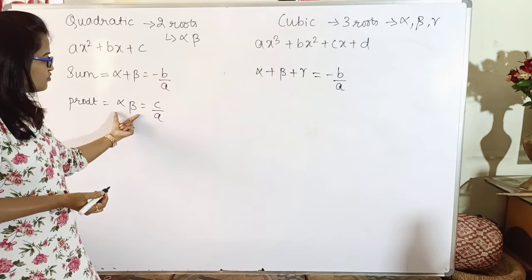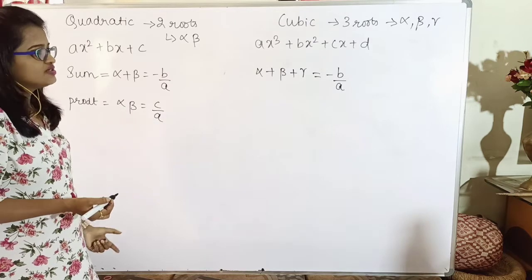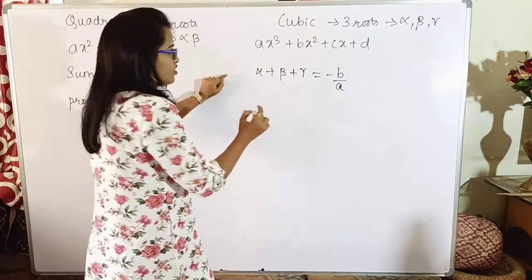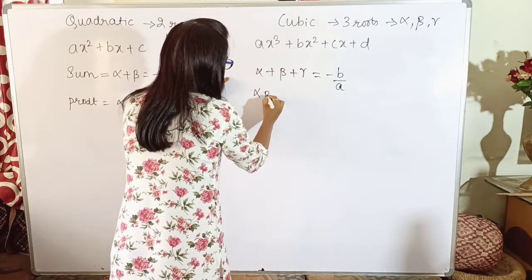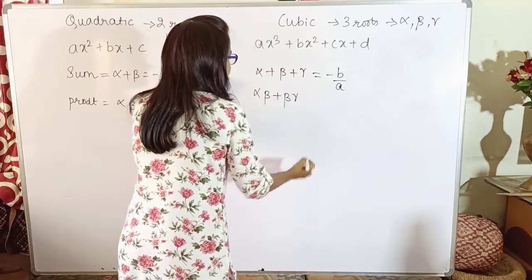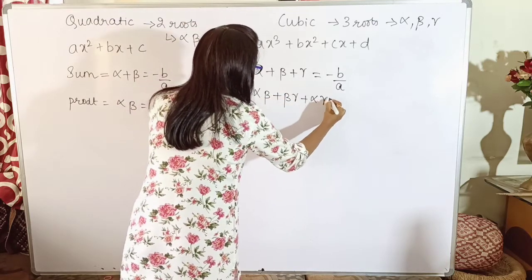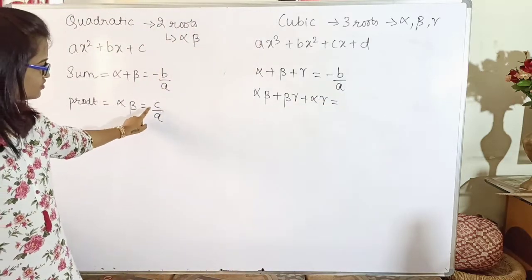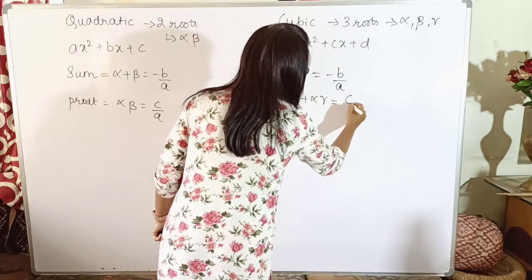Hence, just one term you have got, alpha beta, which is equal to c by a. But here, when you are considering 2 roots at a time, you will be getting 3 combinations. So alpha into beta is the first combination, whereas beta into gamma is the second combination, and alpha into gamma is the third combination. Okay, so what is the value? The value is equal to c by a.